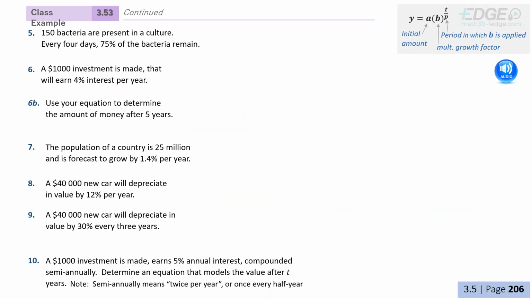Number 5, 150 bacteria are present in a culture. Every 4 days, 75% of the bacteria remain. Okay, so y is equal to the initial population of 150. And now, let's just be careful in this one because it says 75% of the bacteria remain.